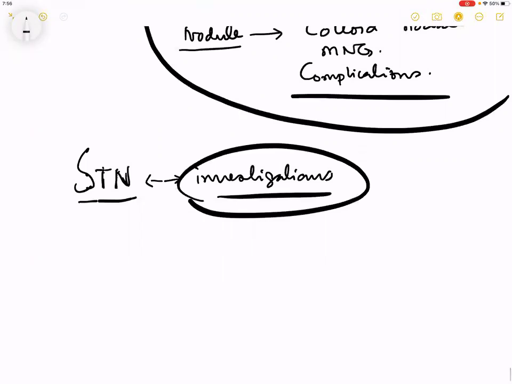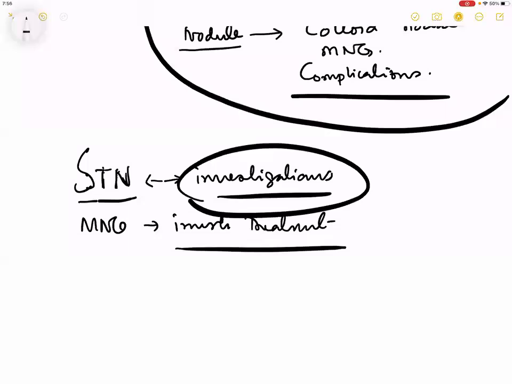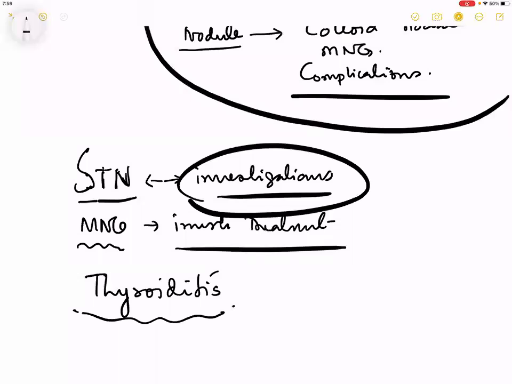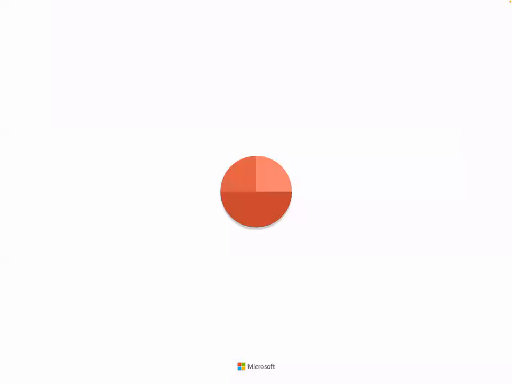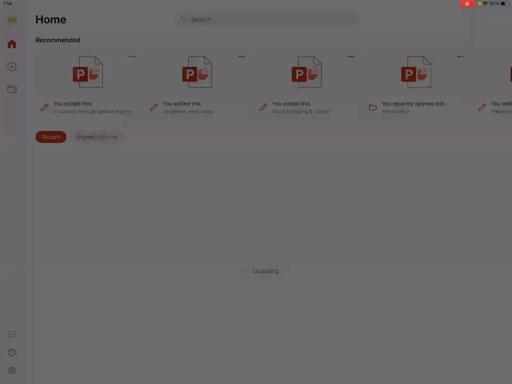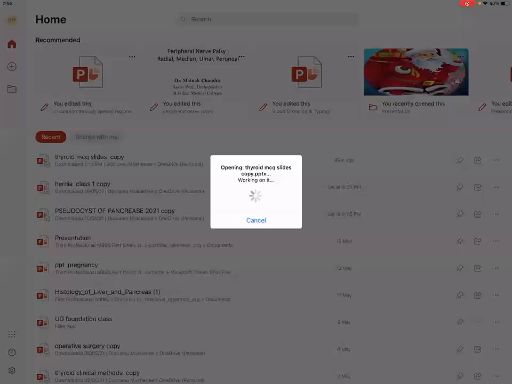Because from STN, then we go to multinodular goiter, the investigations and the rest of the treatment, which is not that difficult once you have known the pathology. So next class, if time allows, we will be completing thyroiditis also. Before you ask me questions on multinodular goiter or today's class, as I've said, we'll be ending the class with a few images and a few pictures.